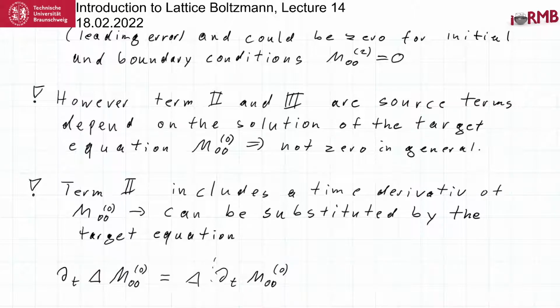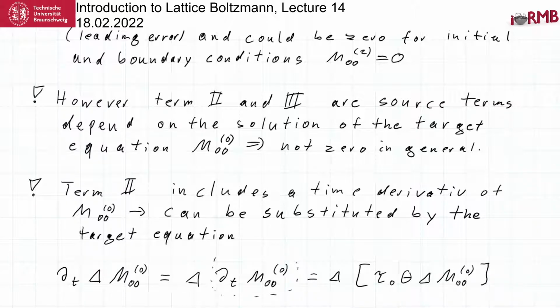And the time derivative of the target equation is something that we know. So we have to keep this operator. And the time derivative of the target equation is, of course, tau odd times theta times Laplacian of M00.